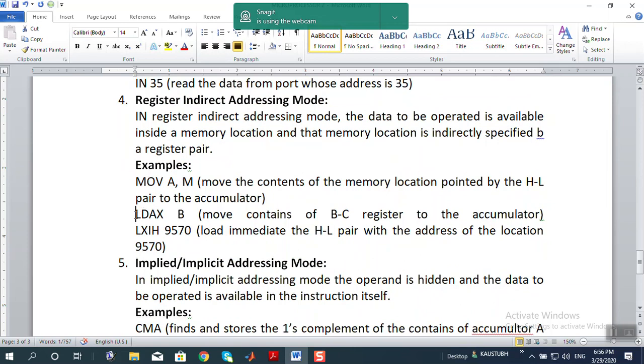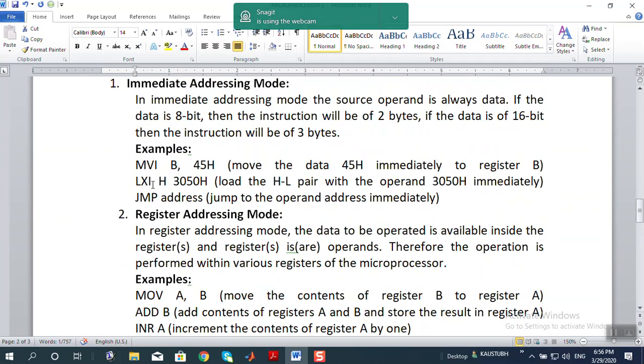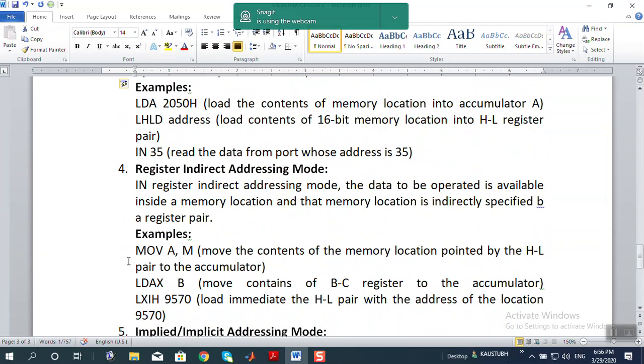But here, this is also load accumulator. Where from are you loading the accumulator? From the memory. But you are not specifying the memory address directly. Instead, you are specifying a particular register. As in LXI, when you specify one register, it means the register pair. Similarly, along with LDAX, if you specify one register, it means a register pair: B for BC, D for DE, H for HL.